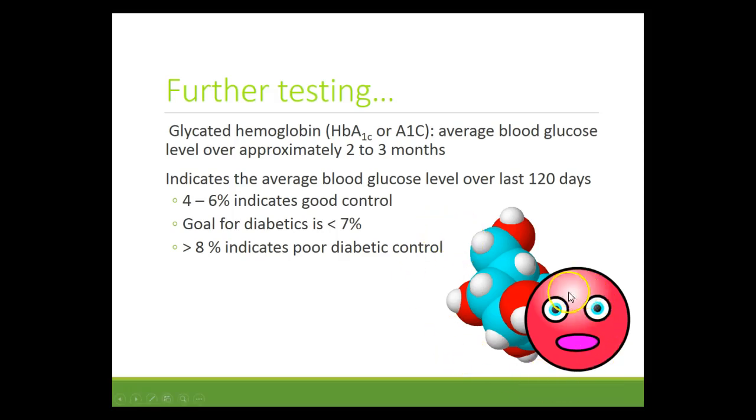This over here is our red blood cell going like, oh no! And this right here is actually a glucose molecule. It will hitch a ride on the red blood cell. Ranges of 4 to 6% indicate good control of a non-diabetic. The goal for somebody who's diagnosed as a diabetic is less than 7%, and anything above 8% indicates poor diabetic control.